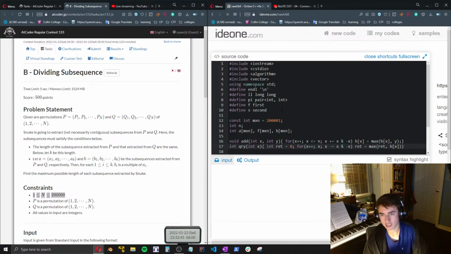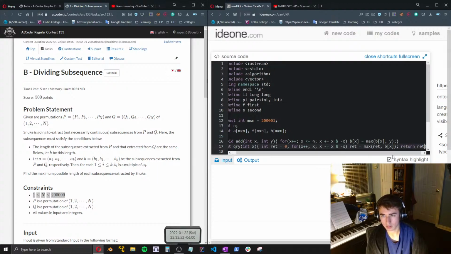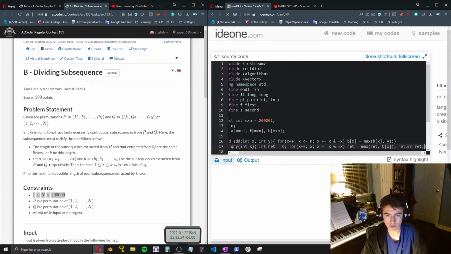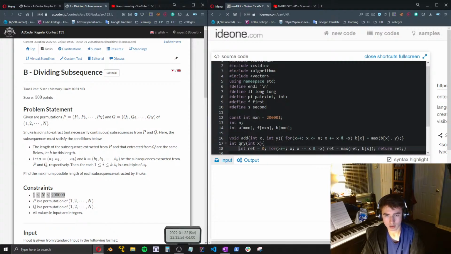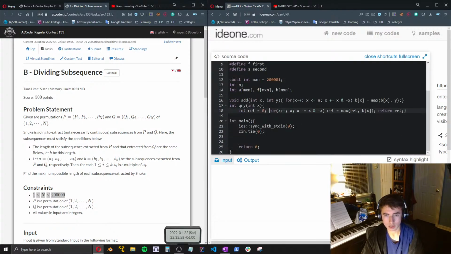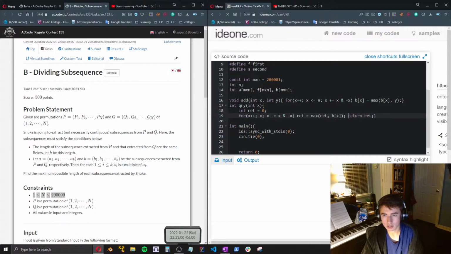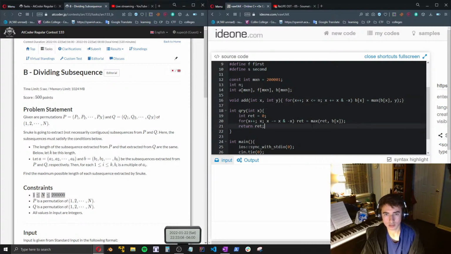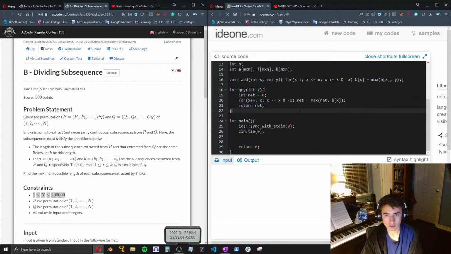You don't usually see a Fenwick tree for maximum queries, but you are able to do it. I guess we should do it like this. Okay, that should be right.